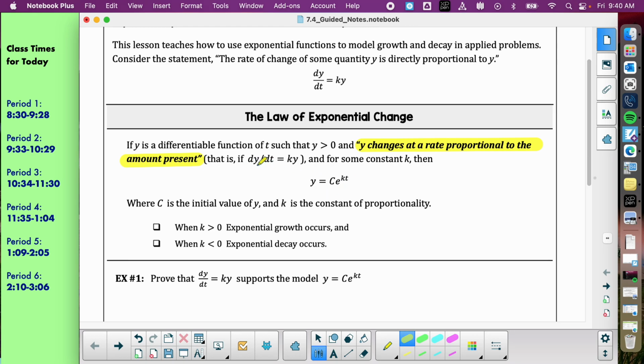If you take dy/dt equals k times y and integrate it, you would get y equals c e^(kt) as the answer. Now what's good about this is if you get a word problem on the AP test and it begins by saying some version of that sentence that I highlighted, say something like y changes at a rate proportional to y, you can immediately write this as the solution.